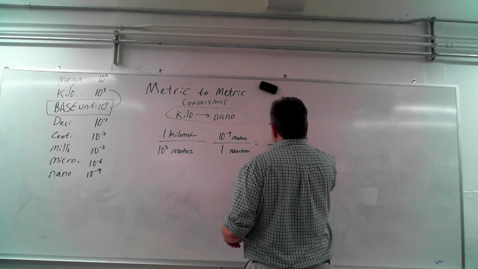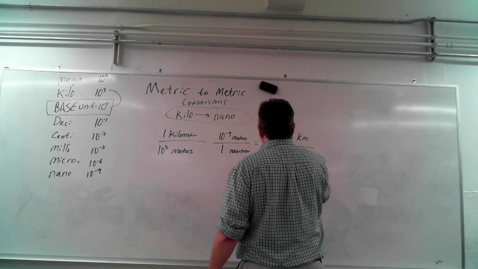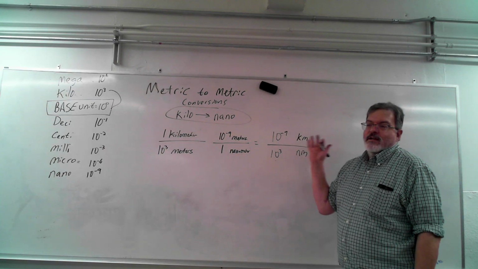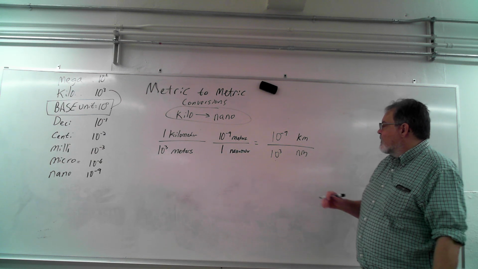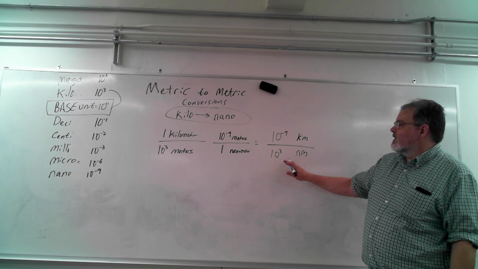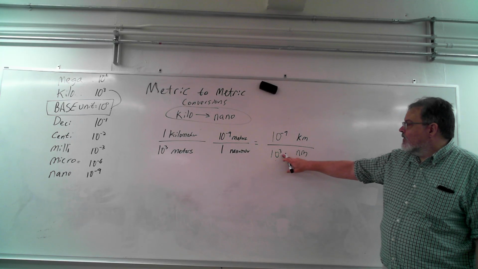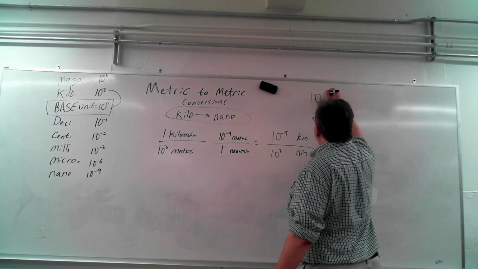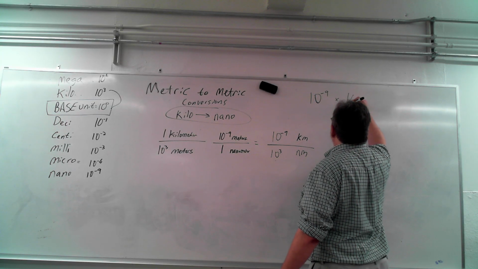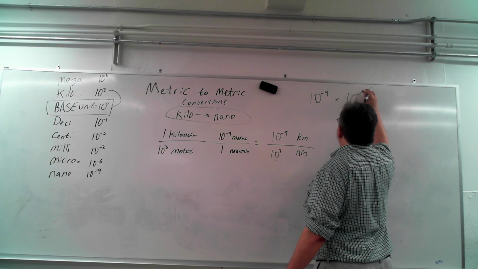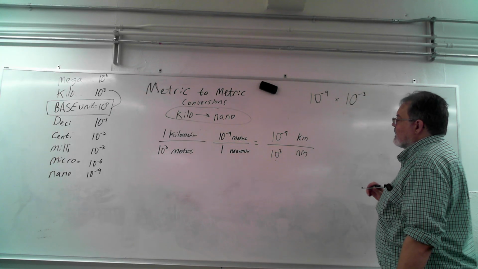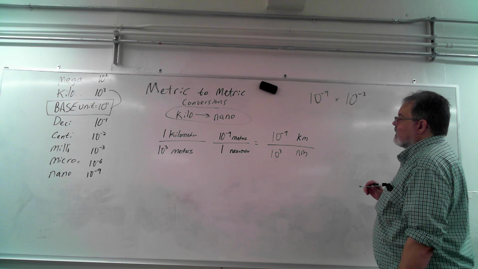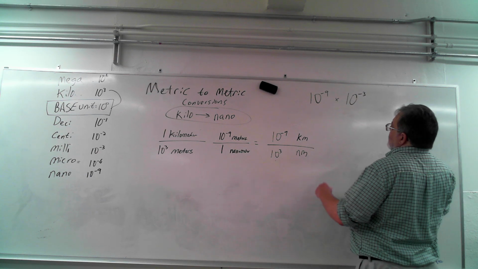I've got 10 to the negative 9 on top, 10 to the 3 on the bottom. You could use that as your conversion factor. You could play with it a little more though. If you wanted to get rid of one of these powers of 10 and just turn it into a 1, the 10 to the 3, if I move it to the top, I have to change the sign. It becomes 10 to the negative 3.